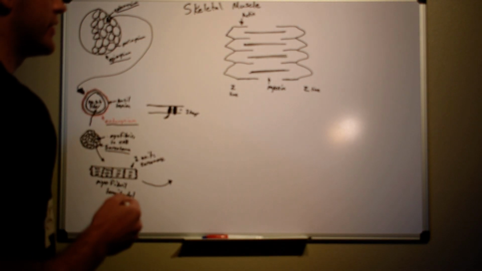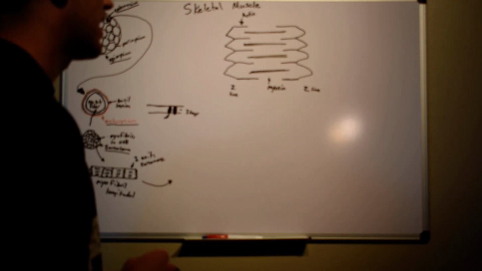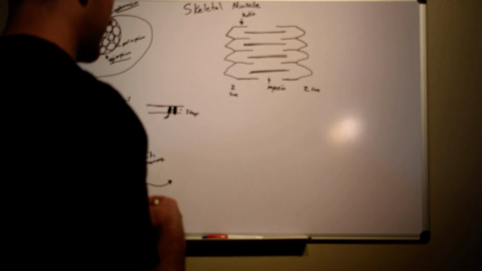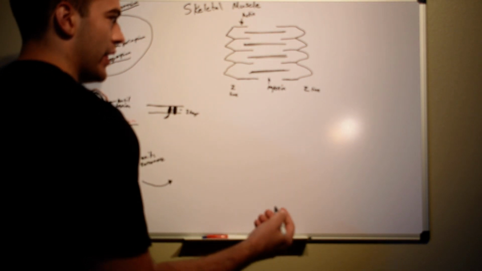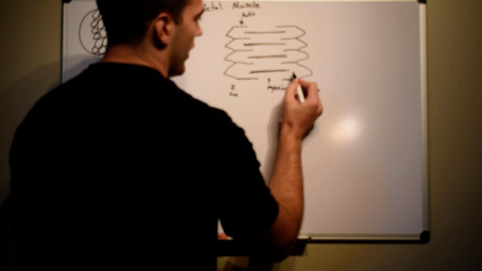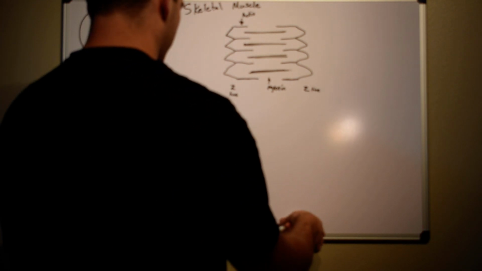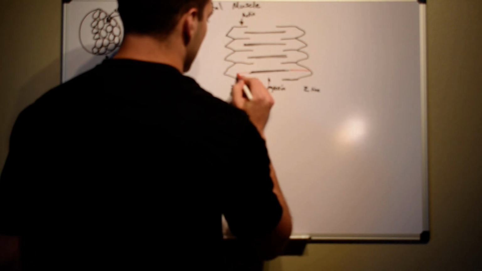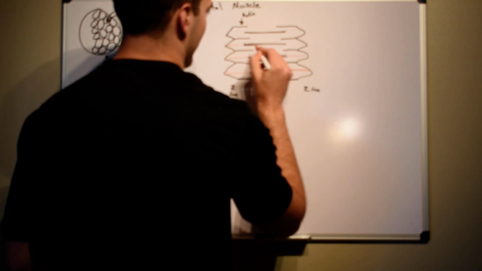And anchoring our myosin, since we're not connected directly to the Z line like, forgive me, actin is, we need something to attach us to it. Otherwise we're just floating out here in space and there's nothing attaching us anywhere. So we've got this elastic molecule, which I will draw in red, called Titan or Tintin or whatever you want to call it.